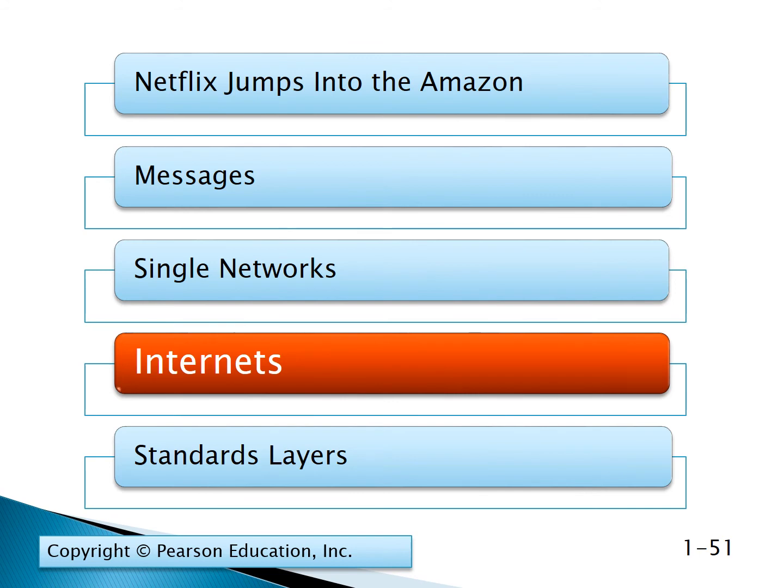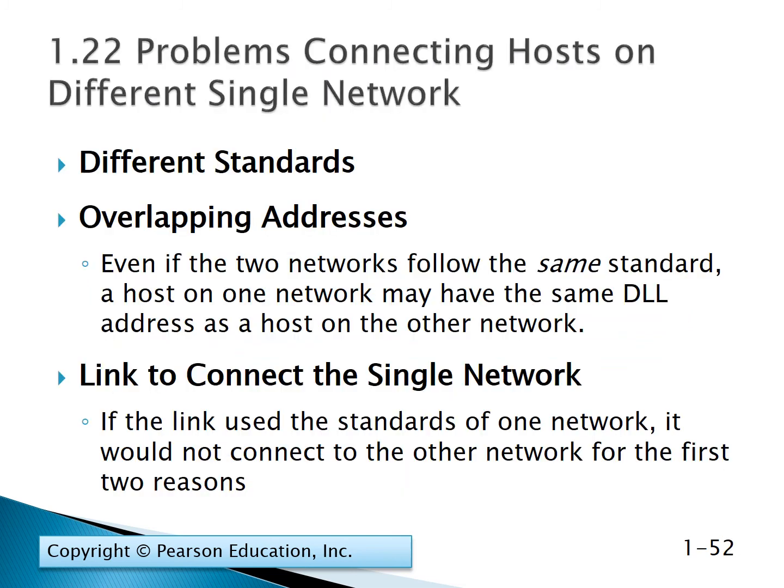In this session, we are going to talk about how single networks can connect with each other to form the internet. There are some problems for connecting hosts on different single networks. Of course, different networks can be running different standards, and if they are, they cannot talk to each other. And even if two networks follow the same standard, a host on one network may have the same DLL address as a host on the other network.